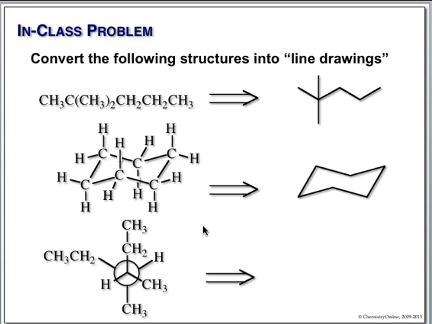So we have 6 carbons in a chain. All right, on carbon number 1, 2, 3, we also have a CH3 side chain. On carbon 4, we have another CH3 side chain. Carbon 3, carbon 4.